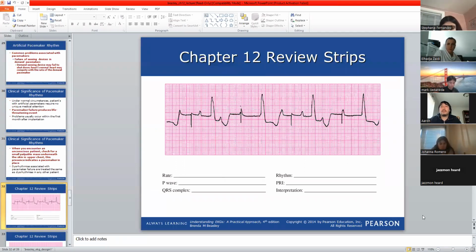Here, we are going to look at this strip for chapter review, as I told you, and I will make it easy for you. Of course, the heart rate here, let us count the heart rate. Who can count the heart rate? 40 beats per minute. Correct answer. 1, 2, 3, 4. Very good.